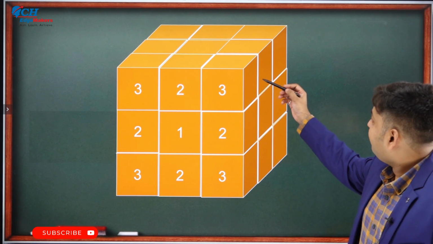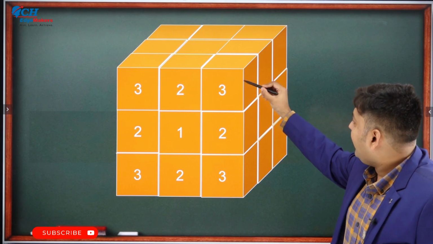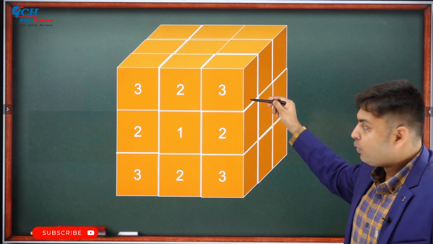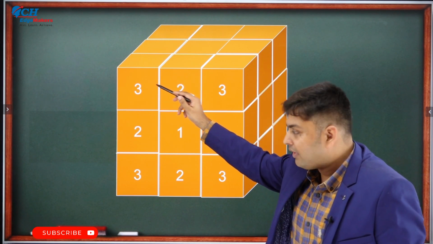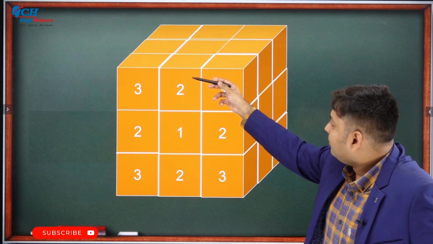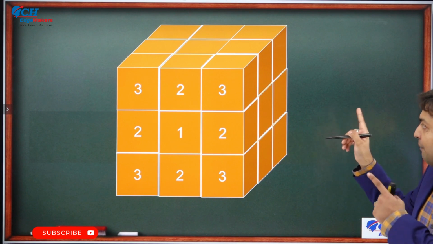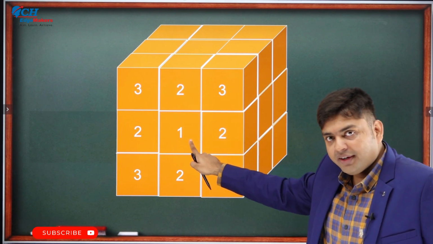Now, we can see that the cubes we have obtained on the corners will have 3 sides colored yellow. Each corner will have 3 sides colored yellow, and on each edge the cubes are colored on 2 sides. On one particular face, we can see that the one-sided colored cube is 1.